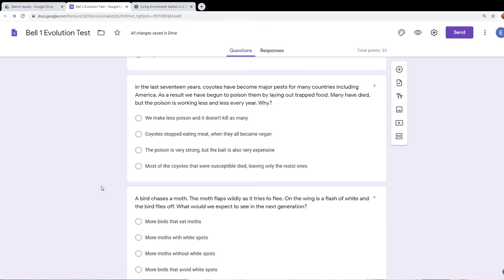Is it because we make less poison and it doesn't kill as many? Is it because coyotes stopped eating meat when they all became vegan? Is it that the poison is very strong, but the bait is also very expensive? Or is it that most of the coyotes that were susceptible died, leaving only the resistant ones?